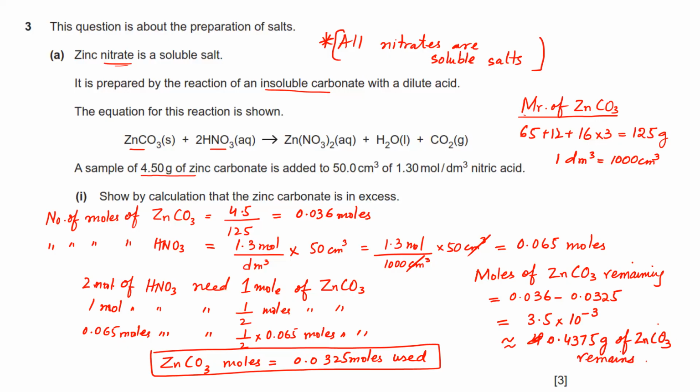So since this amount remains, this means that ZnCO3 is in excess. So even if you say that the moles needed are less than the number of moles of ZnCO3 available, that would be a sufficient answer over here.